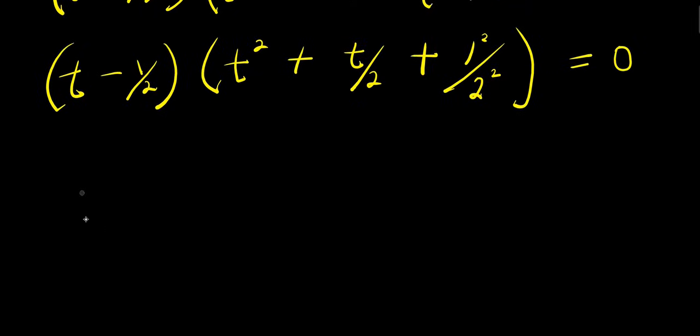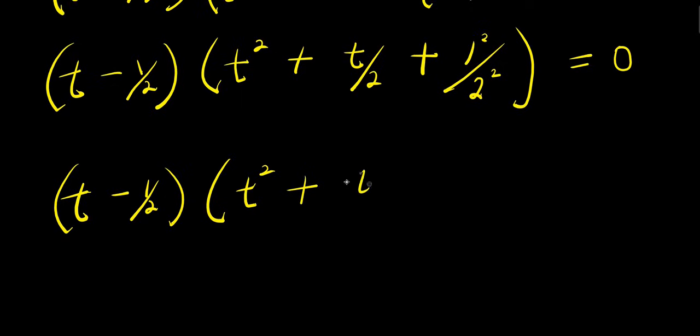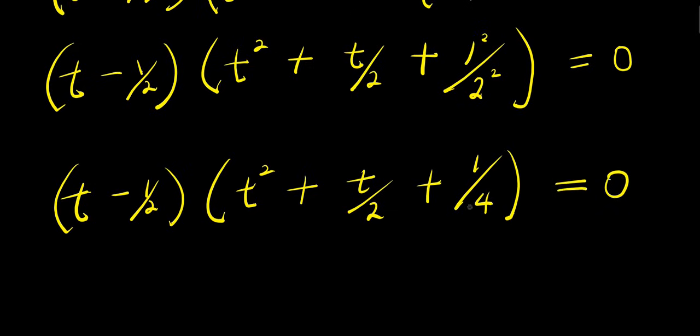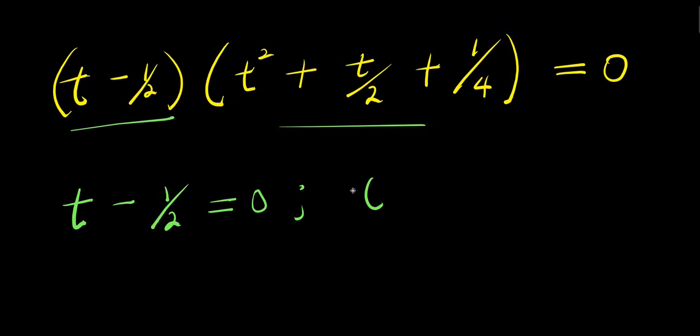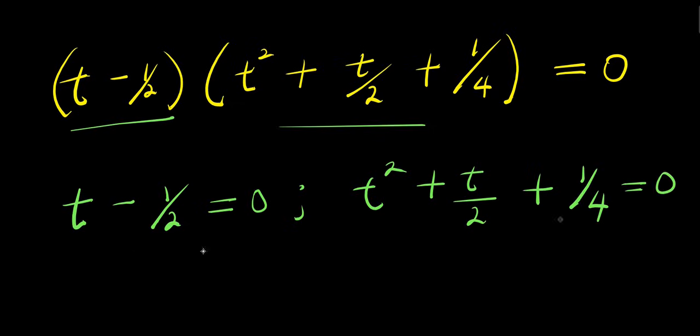So from here, I have t minus 1 over 2 times t squared plus t over 2 plus 1 power 2, that is 1 divided by 2 power 2, that is 4. And this equals 0. So from here, I equate each of these to 0. I have t minus 1 over 2 equals 0. I have t squared plus t over 2 plus 1 over 4 equals 0.